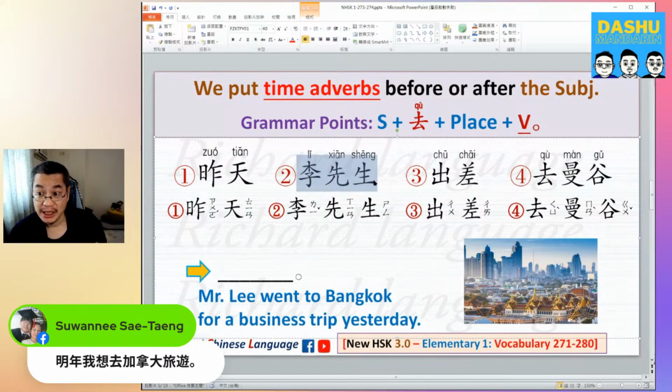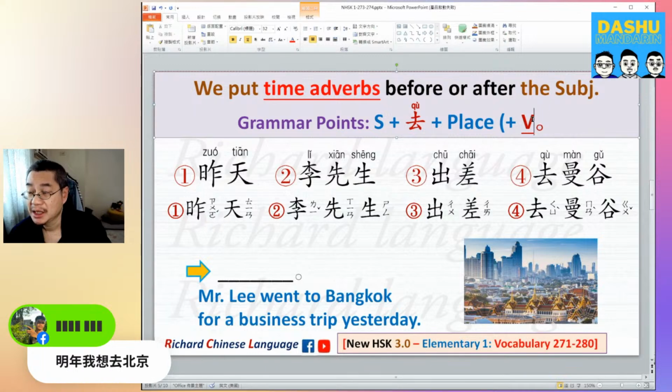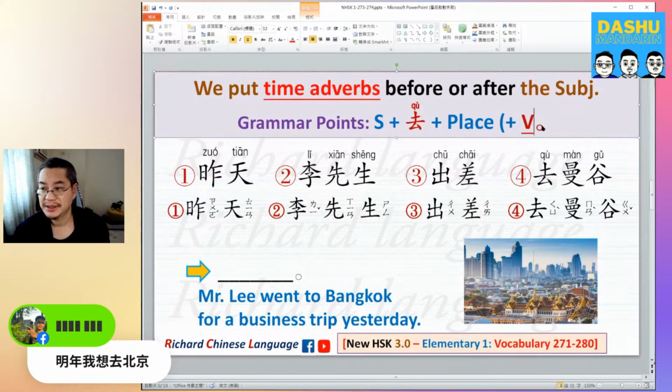So it's like Mr. Li went to Bangkok on a business trip yesterday. So what's the answer? Of course, this is optional. If you don't have another verb, you don't need to add another verb here. But if you want to add another verb in this grammar point, then we directly add the verb.